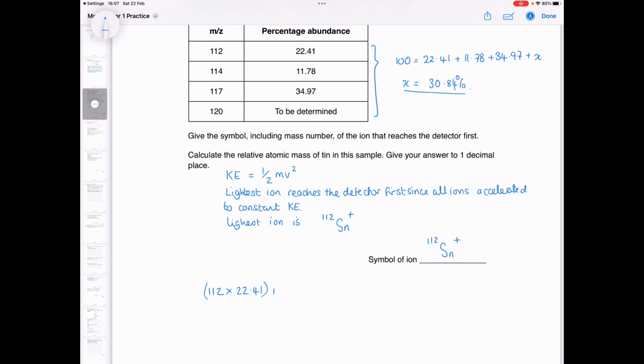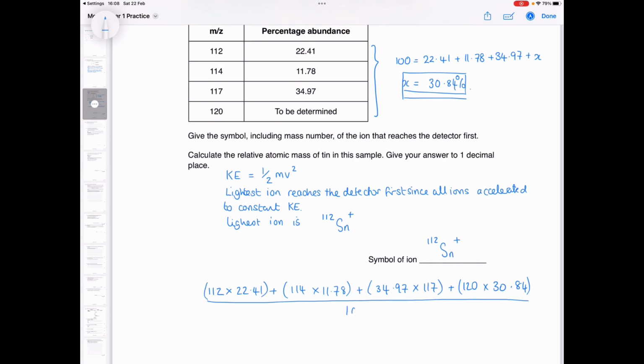Then we'll add 114 times 11.78, and then we'll add 34.97 times 117, and then we'll add the one to be determined, so that's this value here that we determined earlier on. And then we're going to divide all of that by the overall abundance of 100. These are percentage abundances, so we divide through by 100.